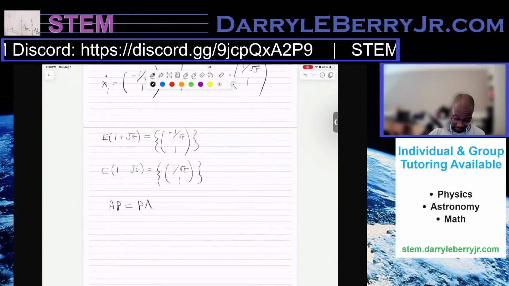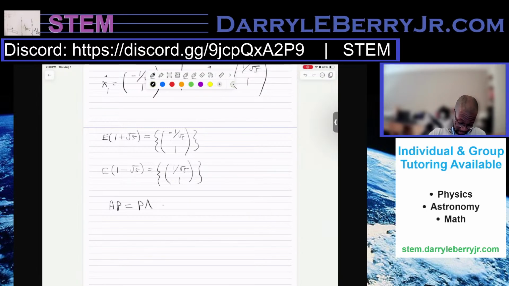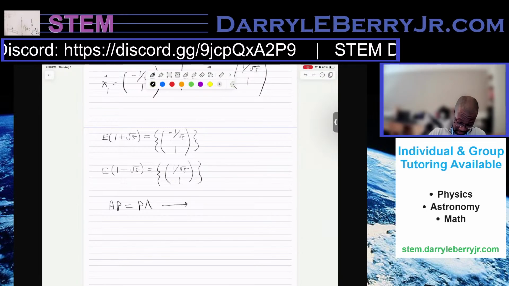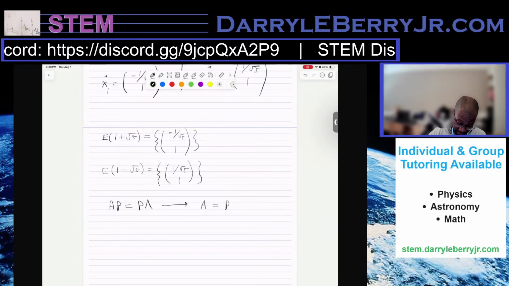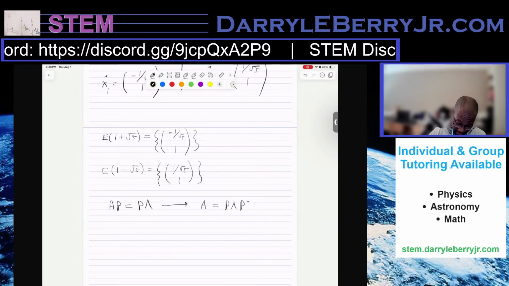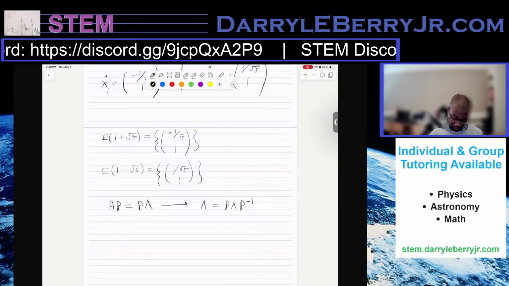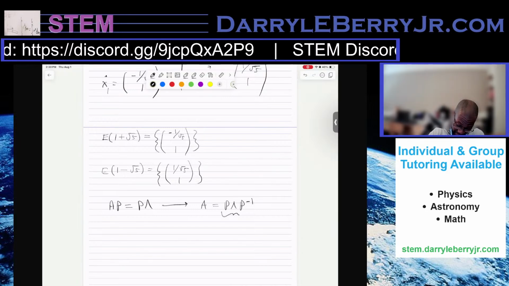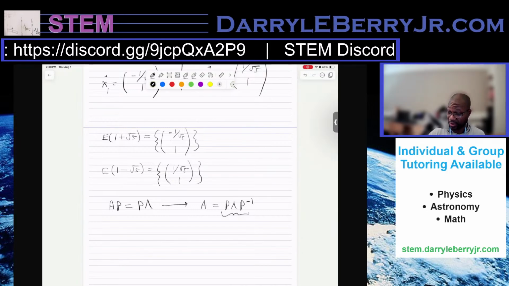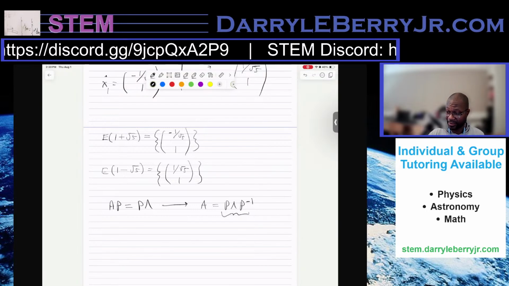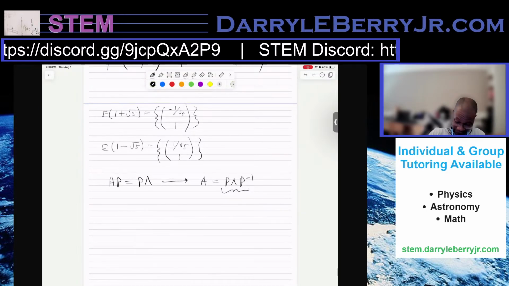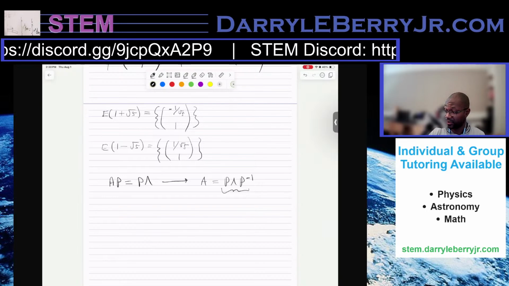P D. That just helps me remember it. So A equals P D P inverse. And he wants us to find what goes on the other side. So when it says what is the diagonalization of A, you want to find what's on the other side there.